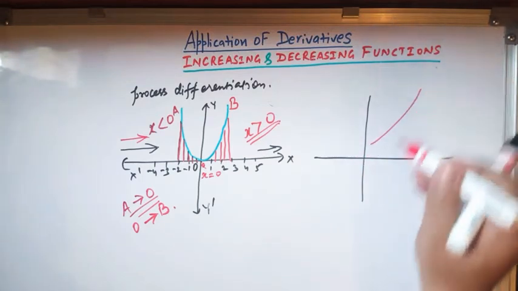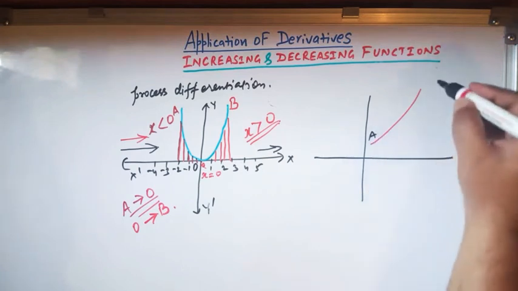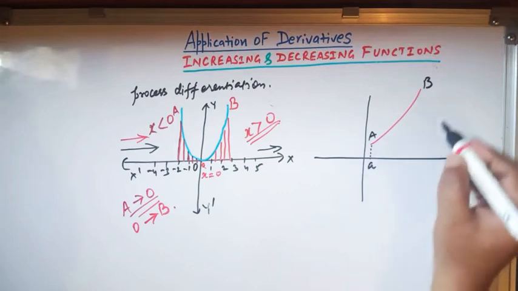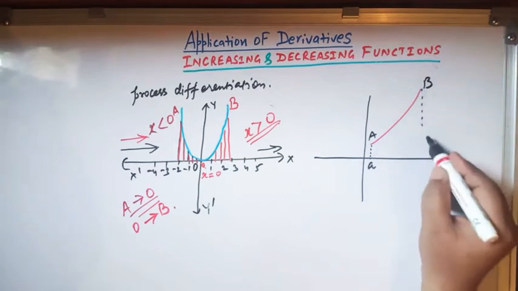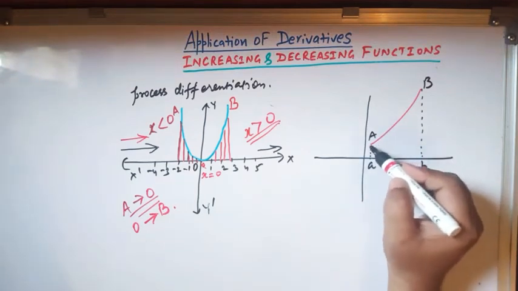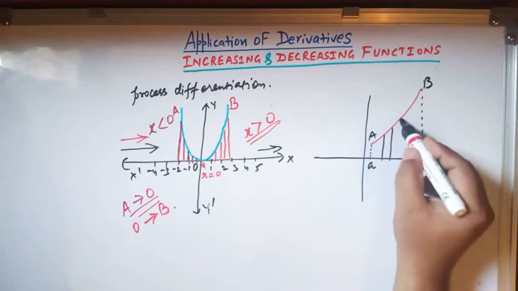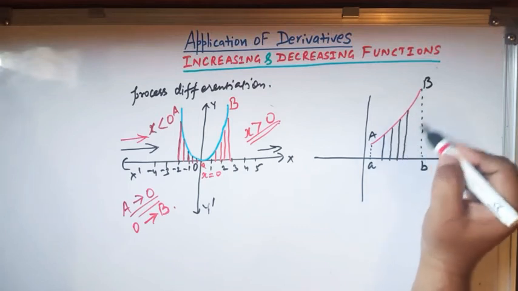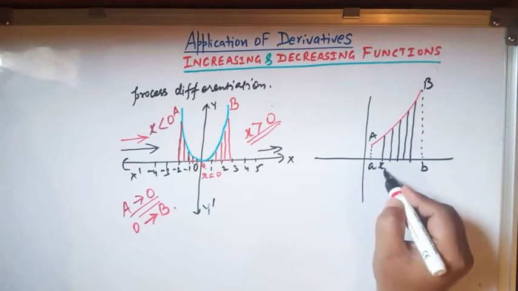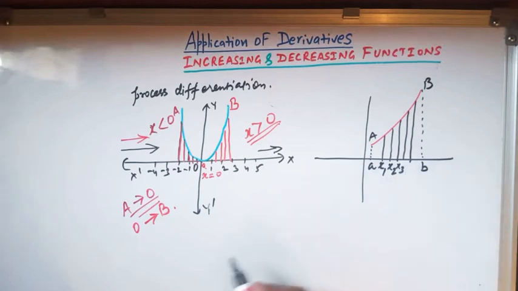Now if this is point A and this is point B, we see that the height of the graph continuously increases. Say this is point x1, this is point x2, this is point x3, and so on.